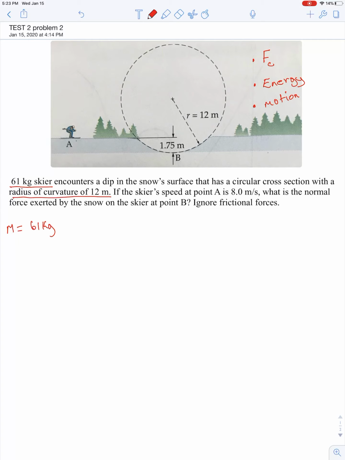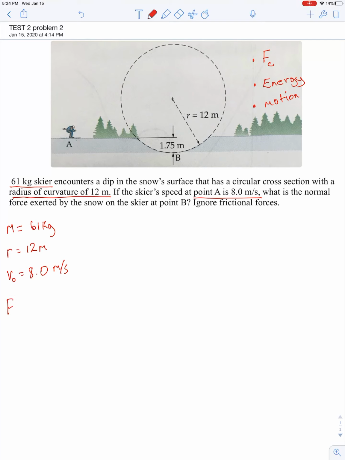So radius of curvature, that's just r. R equals 12 meters. If the skier's speed at point A, that would be my initial speed, is 8.0 meters per second, what is the normal force exerted by the snow on the skier at point B?